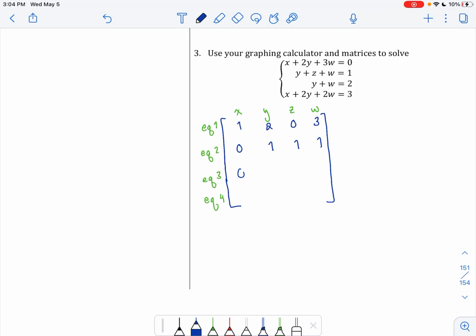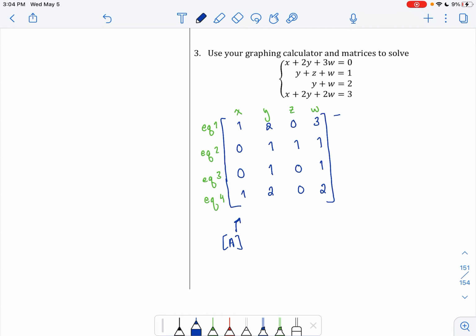Next row is no x, 1 y, no z, 1 w. Last row, 1x, 2y, no z, and 2w. So this is what you can call matrix A.